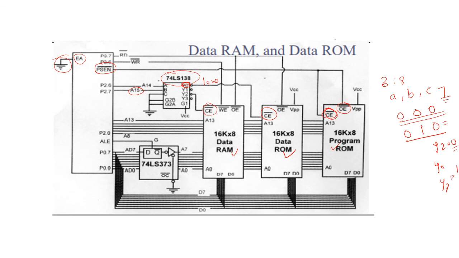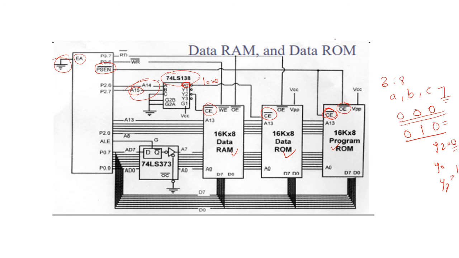So this will help us choose only one memory at a time. See what happens in the case of the decoder: depending on the input that we give, only one among the 8 output lines, 0 to 7, will be low, and the rest of them will become high. This will avoid multiple selection of chips. So in this way we can interface multiple memories.